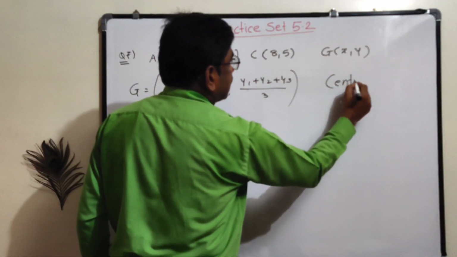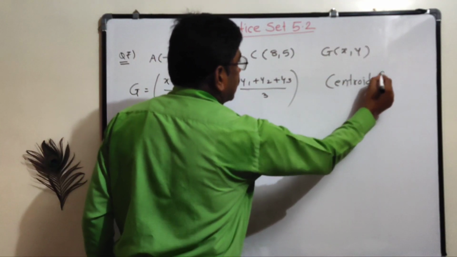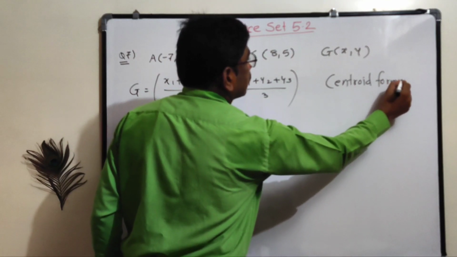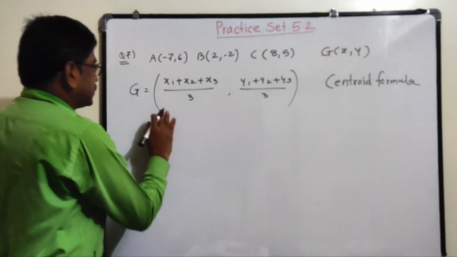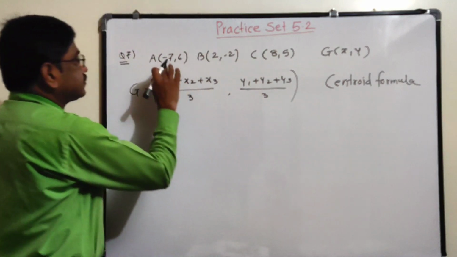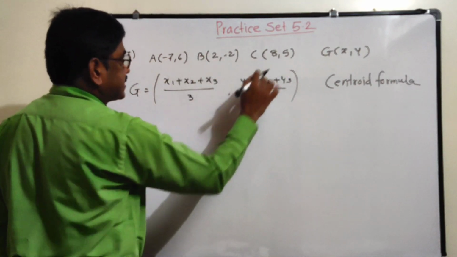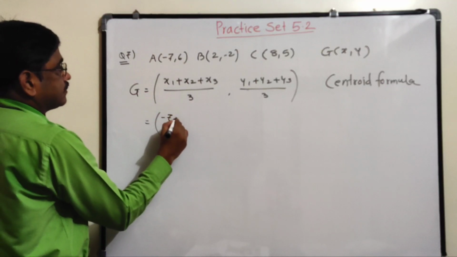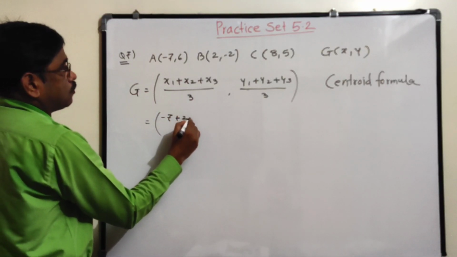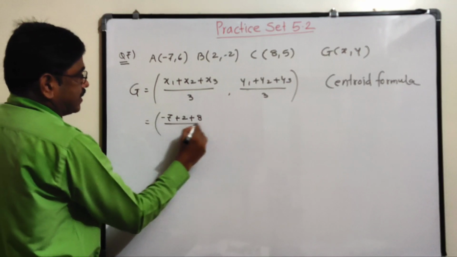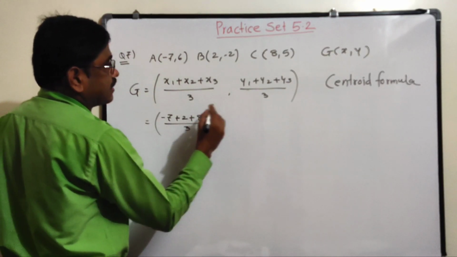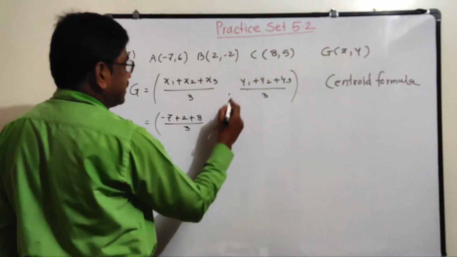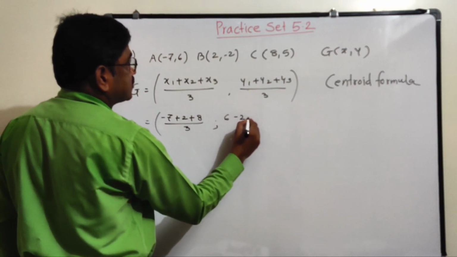So by which formula? Centroid formula. Substitute the values x1, x2, x3. So we get minus 7 plus 2 plus 8 divided by this 3, and second coordinate y1, y2, y3, 6 minus 2 plus 5.